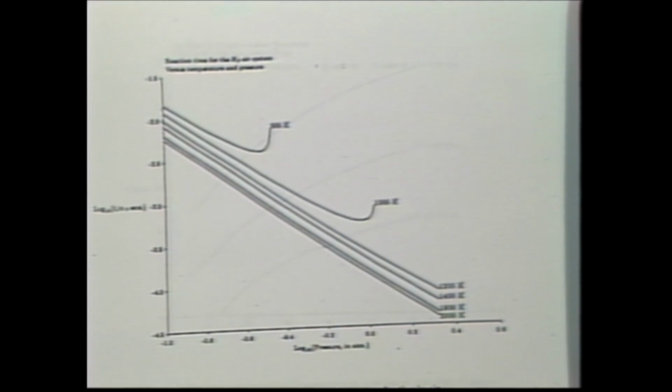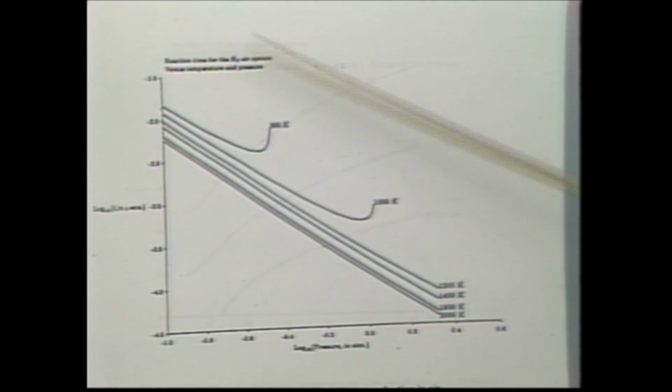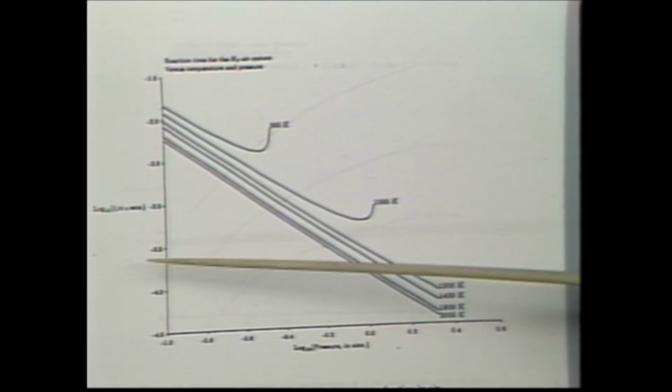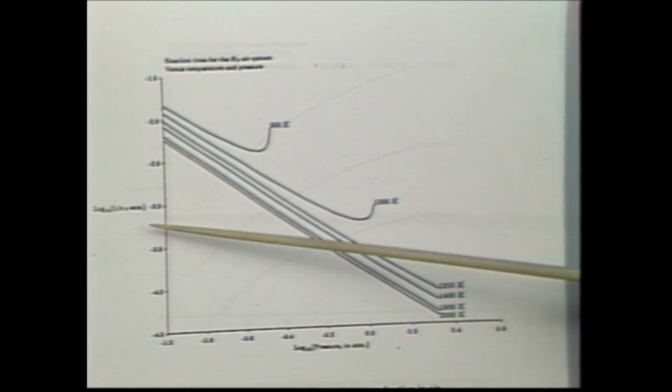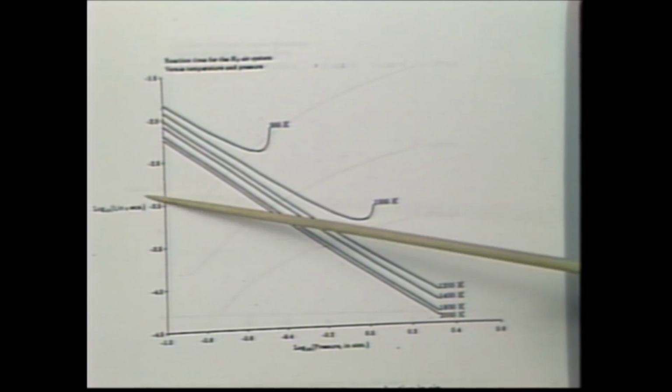These are calculated combustion times required to reach completion in a hydrogen-air system. In other words, this is the time required to get, I think this is based on realizing 95% of your final combustion temperature.